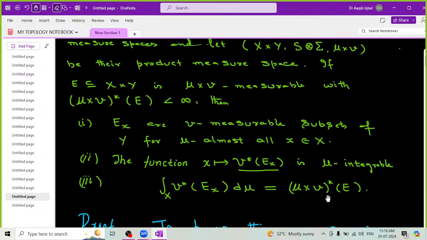अब यहाँ आप इस थ्योरम में एक रिस्ट्रिक्शन देख रहे होंगे, mu cross nu star E less than infinity, product outer measure less than infinity. Actually it's not a restriction, because अगर product outer measure infinity है, then there is nothing to compute. तो कंप्यूटेशन के लायक कोई चीज़ है ही नहीं.